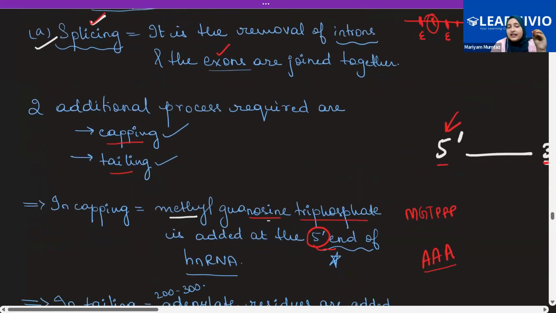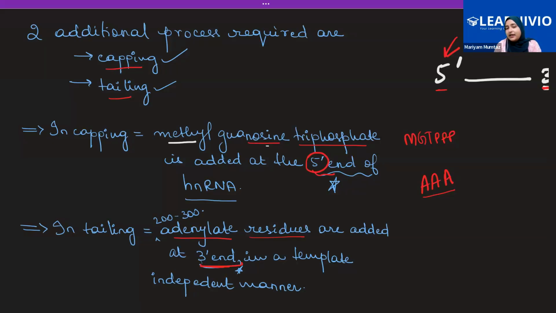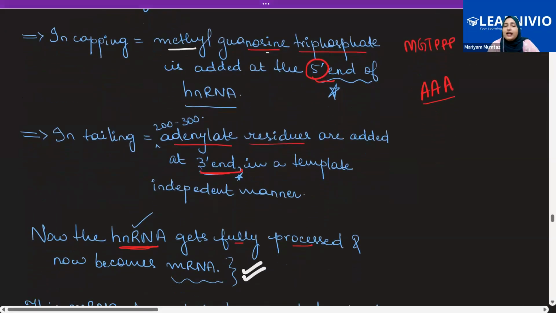Apart from that, tailing and capping also happen. In capping, methyl guanosine triphosphate is added at the 5' end. At the other end, the 3' end, 200 to 300 adenylate residues are added.